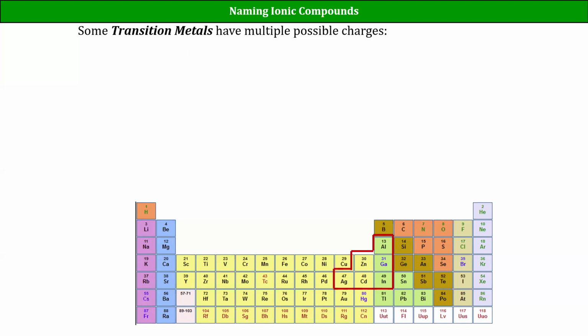right? We said that whole column, copper, silver, and gold. Silver in particular, though, its electron configuration is going to look like krypton, and then 5s1 or d10.